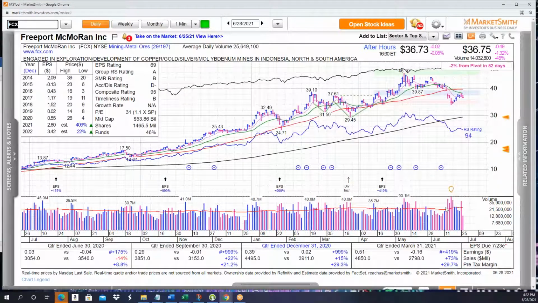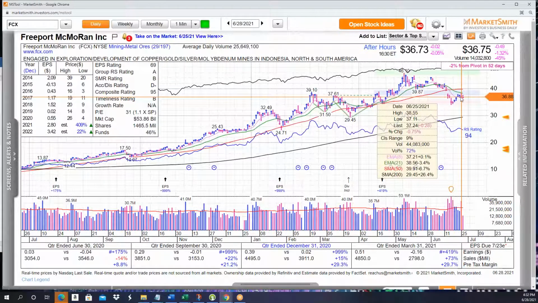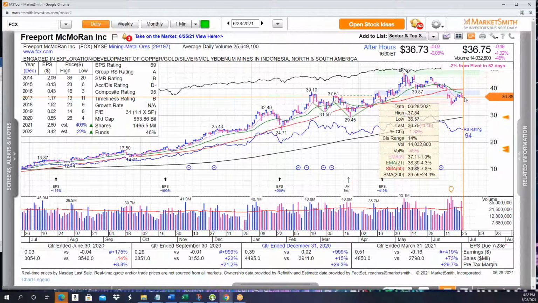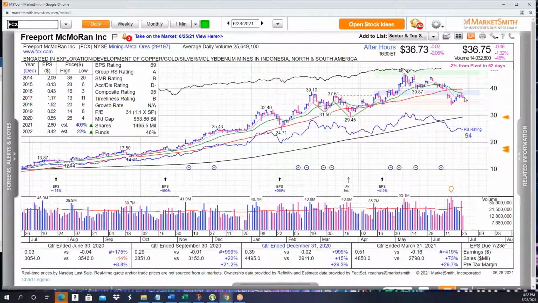But what you notice here is a lot heavier volume on the selling, lighter volume on the bounce back, and ultimately reverses right into the 21-day exponential moving average, makes a lower low today following Friday's action, and actually gets back below the 8-day.